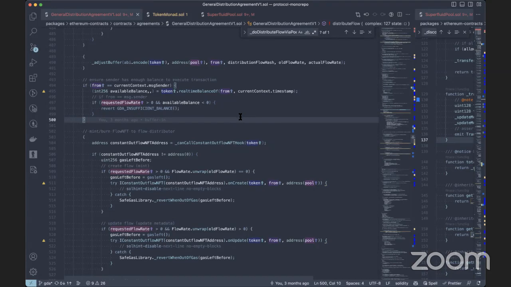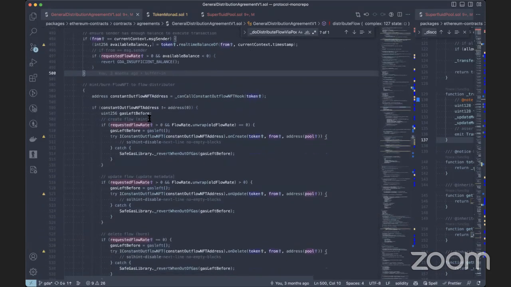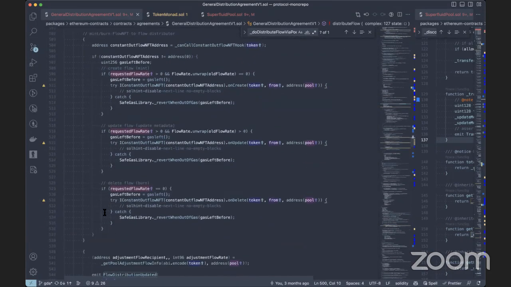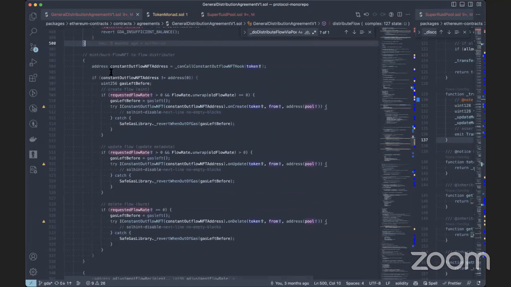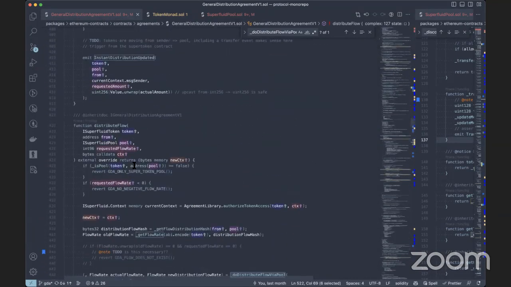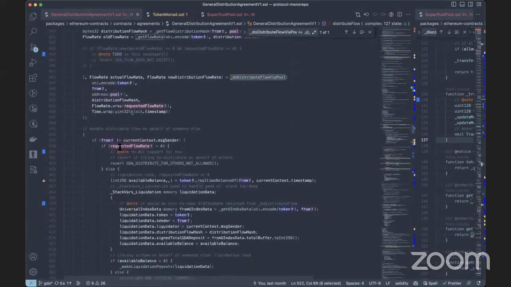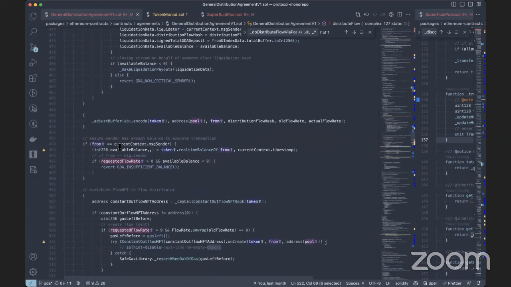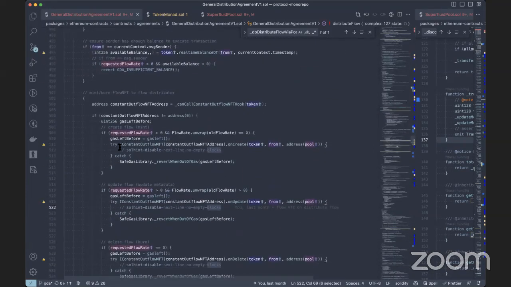Basically. Okay. And this is the NFT logic. So mint, burn, and update on create, update, delete, because this one function distribute flow handles creation, update, and deletion. Unlike the CFA, which has create flow, update flow, delete flow.